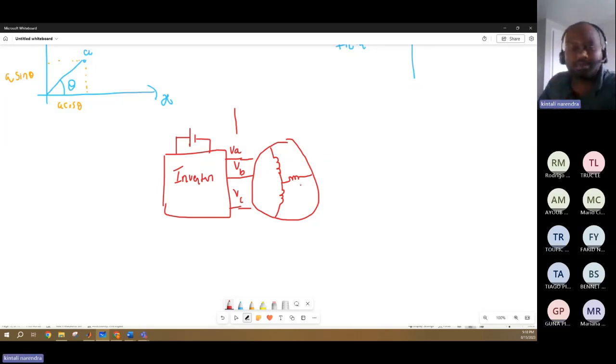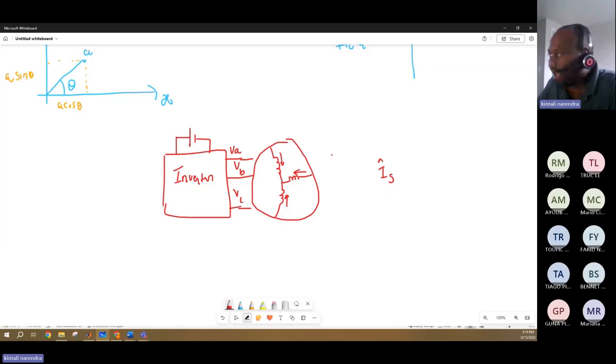These three windings produce the stator magnetic field. So here there are three currents: IA, IB, and IC. With IA, IB, and IC, we'll have a resultant magnetic field which is called IS. I hope the professor has spoken about it.